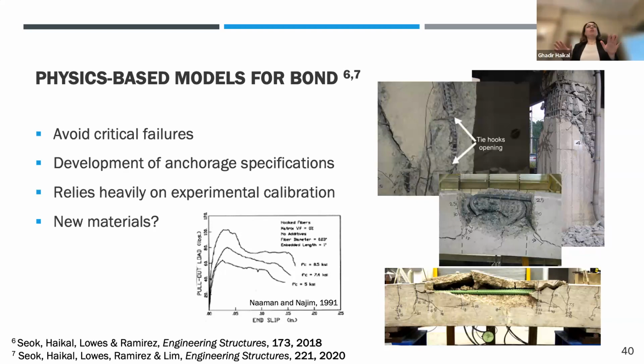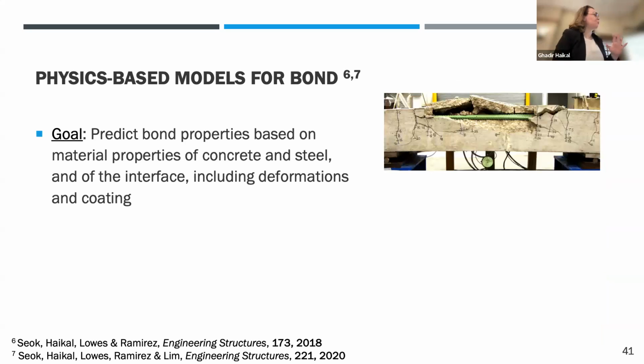Obviously, with validation, with experimental testing, if we can validate with some data, then we can potentially have something powerful that we can use to develop bond specifications for different types of materials, reducing the need for testing. So that was the motivation for this study: to predict bond properties based on material properties and surface properties.